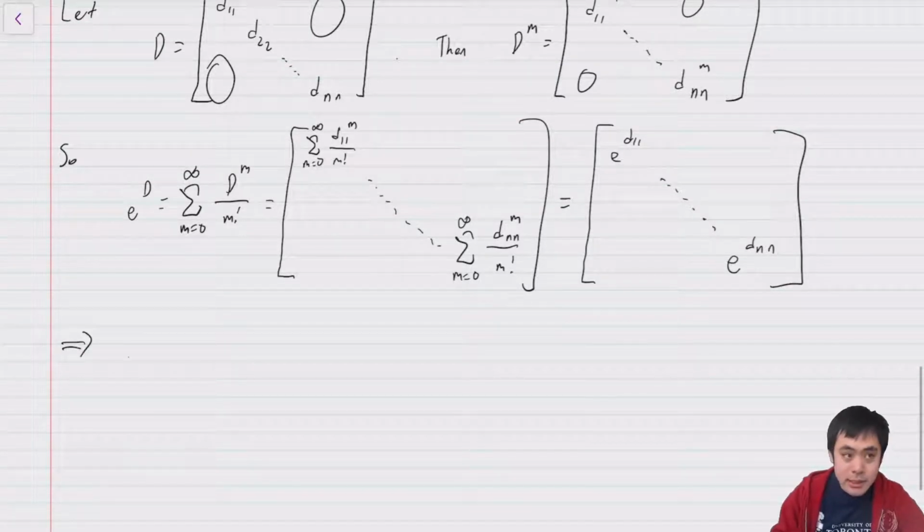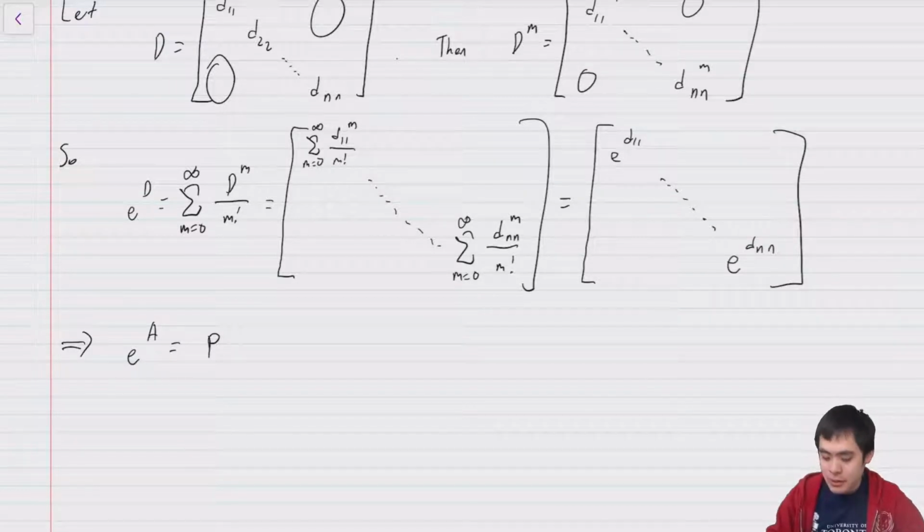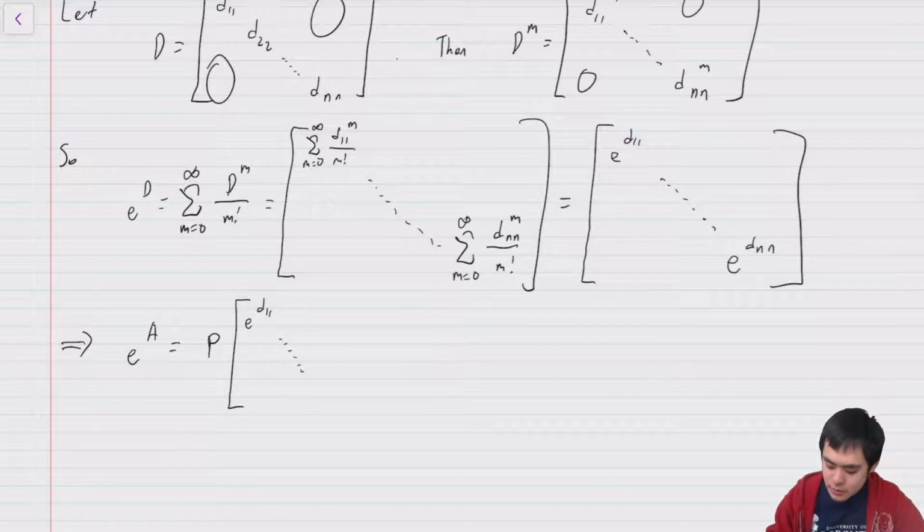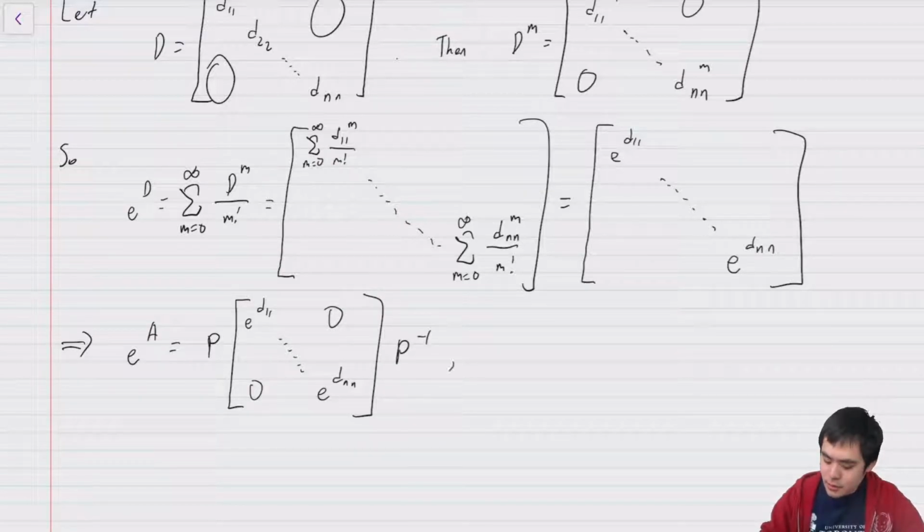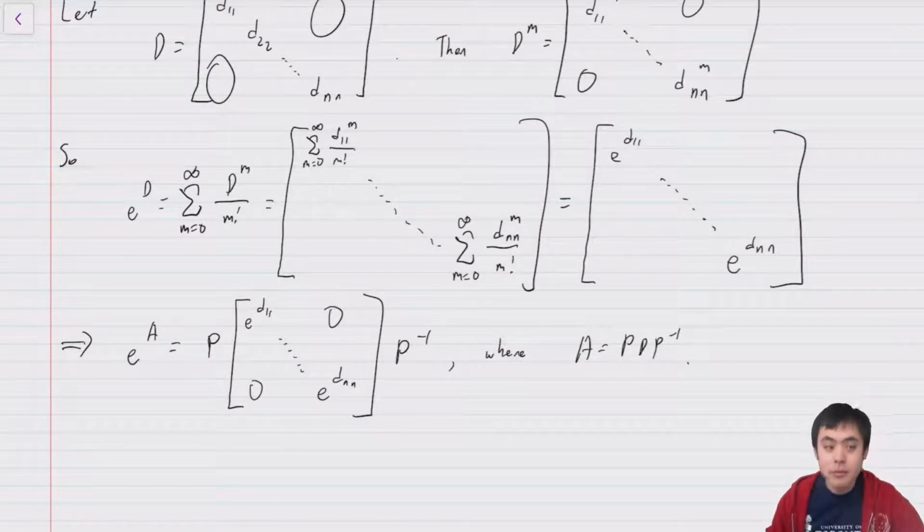Which then implies that e to the A is equal to our P matrix times this diagonal matrix times P inverse, where of course A is equal to P D P inverse.